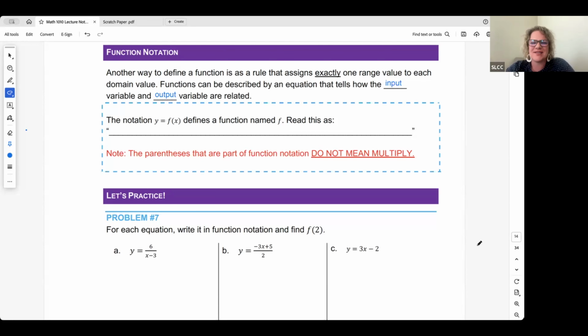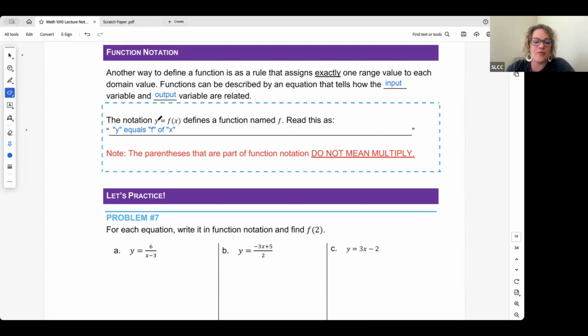First of all, what does it mean, function notation? Notate. The way we write something. A function notation can show us the relationship between the input and the output. The notation y equals f of x defines a function. The x is the input value, and f of x represents the output value.